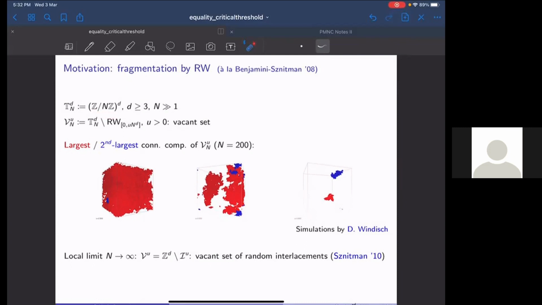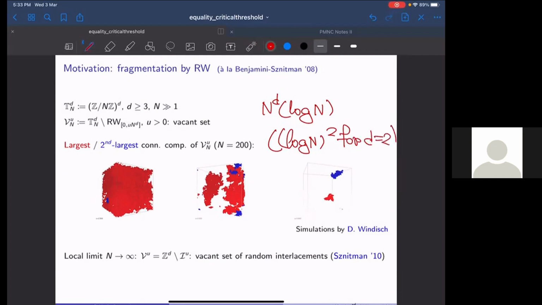Now, it is well known that if you allow the walk to run for a time like n to the power d log n, actually log of n squared for d equals 2, that is the cover time of the random walk, order of that, of course. Then the random walk fills up the entire torus. There is no point that remains to be hit by the random walk.